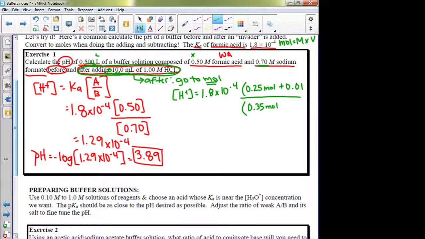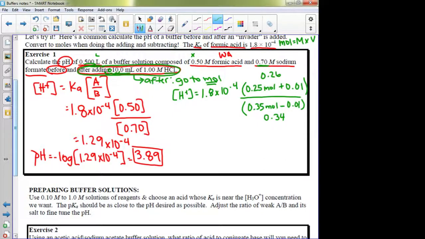Why am I adding to my acid? Because I added acid in. And I'm going to subtract that same amount from my base. Do we see that? What's 0.25 plus 0.01? Please don't put that in your calculator. This is 0.26. What's 0.35 minus 0.01? 0.34. And now we can put it in our calculator.